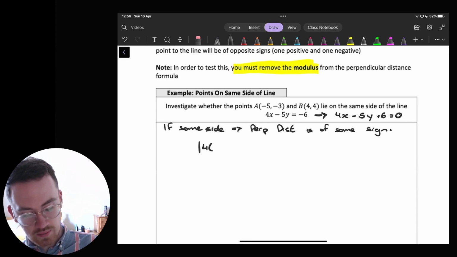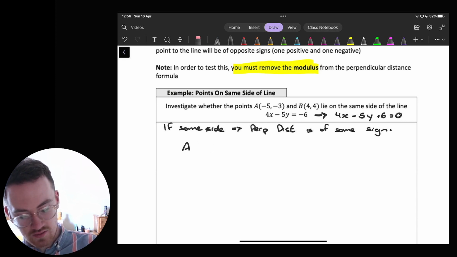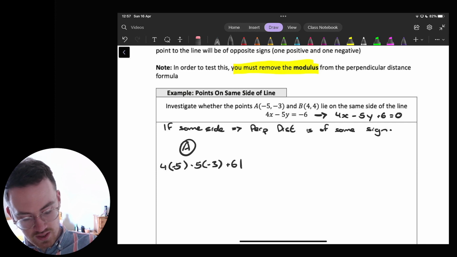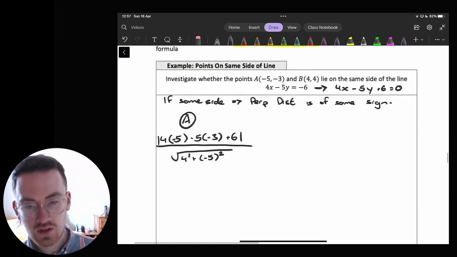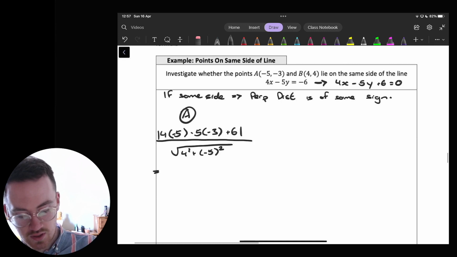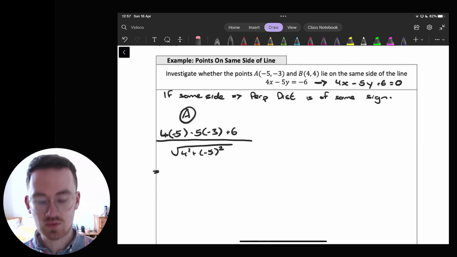We'll pick one of the points first, so maybe we'll do A first. 4 by, minus 5 by minus 3 plus 6, all over the square root of 4 squared plus minus 5 squared. Continuing on, and sorry, we're getting rid of the absolute value notation because we want to find out the actual value here.